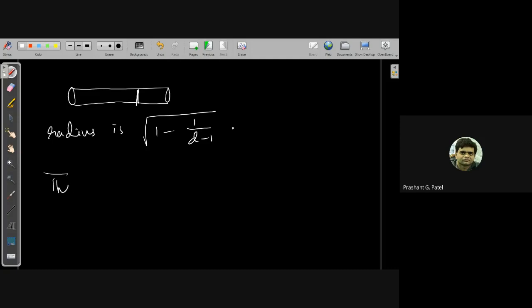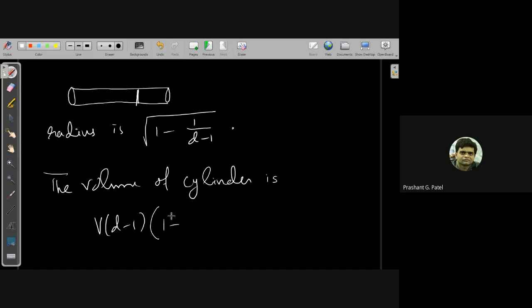So the volume of that cylinder is, first of all, V_{d-1} is already there, because we are talking in d dimensions, and we are reducing one dimension there, into radius. The radius is 1 upon d minus 1 raised to 1 by 2.